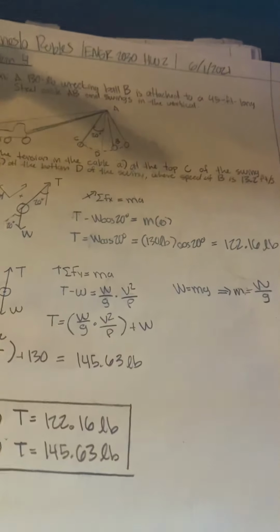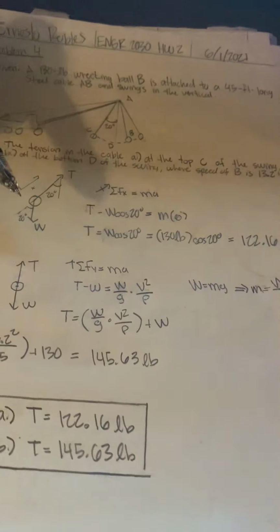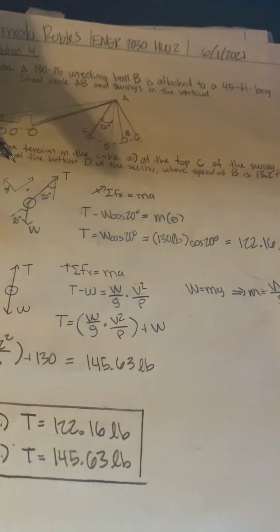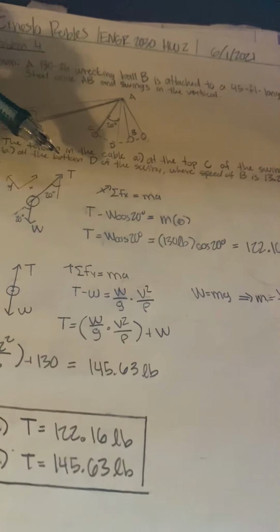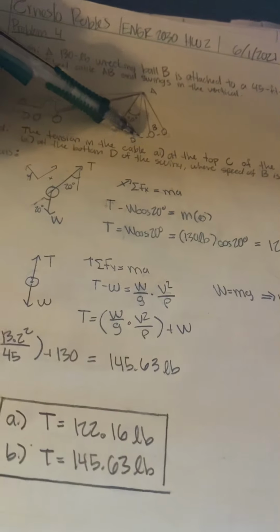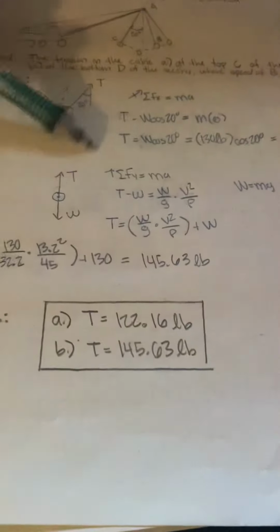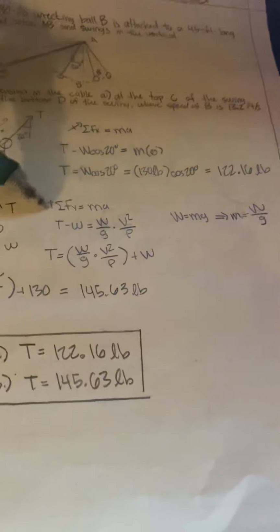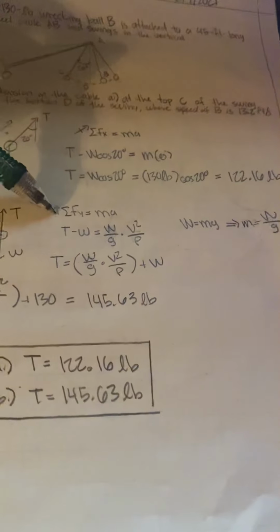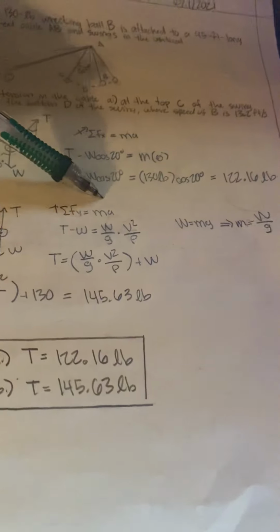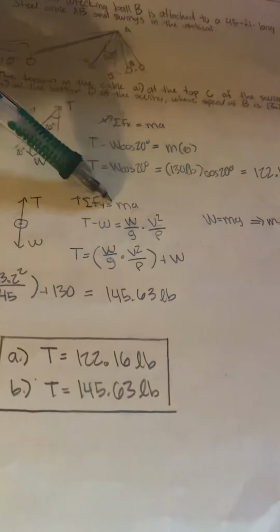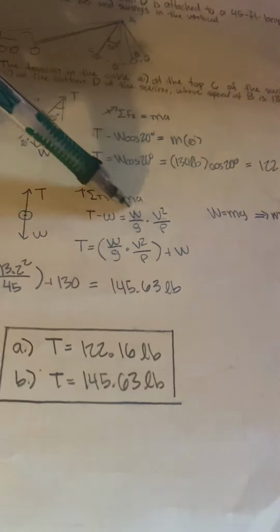Part B wants us to find the tension of the cable at the bottom D of the swing, where the speed of B is 13.2. So focusing on this right here, I wrote the free body diagram. It's a pretty simple one. The sum of forces in the y direction equals mass times acceleration. Then I could simplify this part right here.